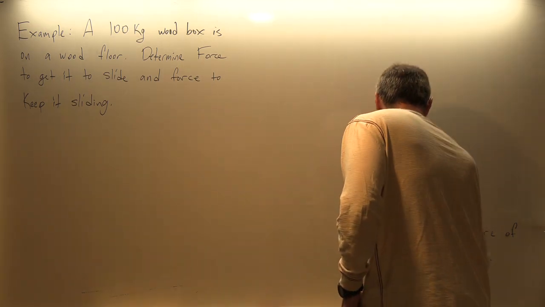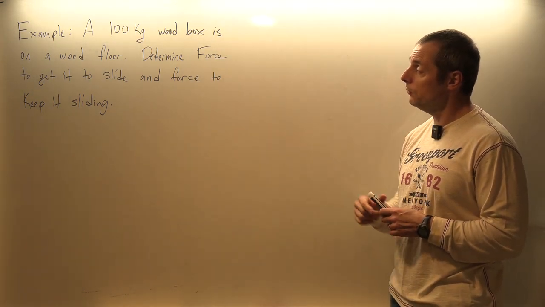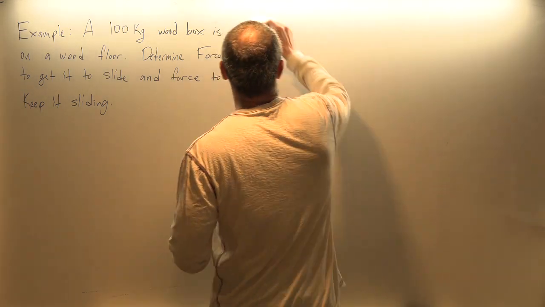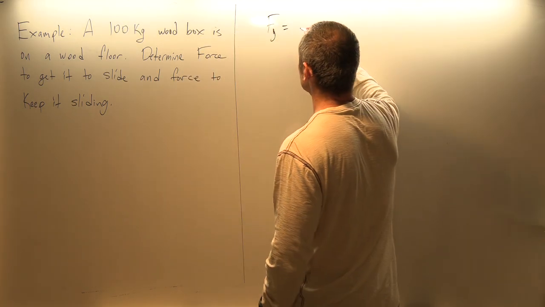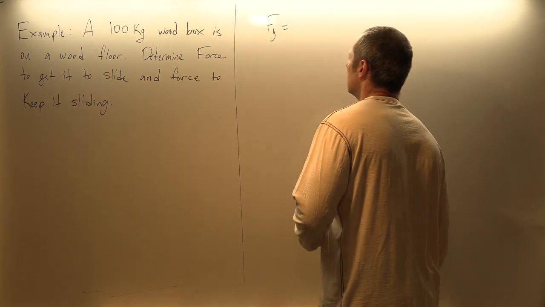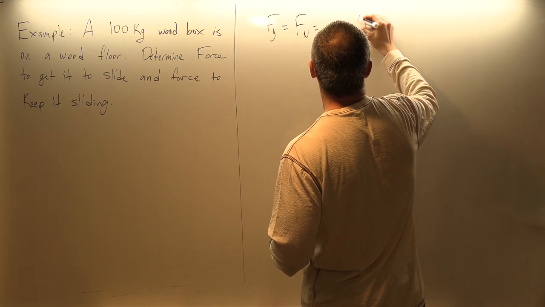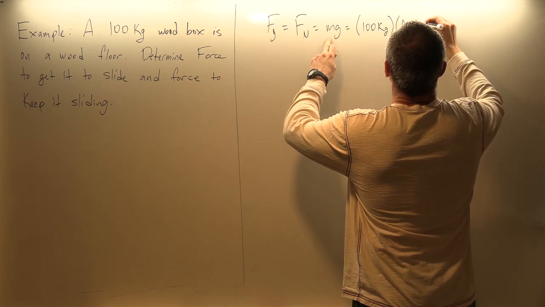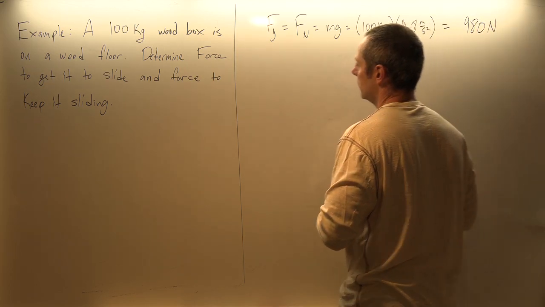So first thing, remember I erased the formula. Friction is coefficient times normal force. We need the normal force. With a 100 kilogram box, we first have to calculate the force of gravity, which will then be the normal force. So force of gravity is mg. Oh, actually, let me do Fg equals normal force. And this formula is on the reference table as well. And so what we get is 980 newtons of normal force.